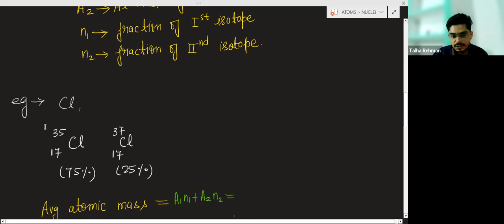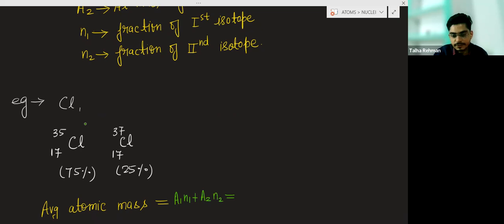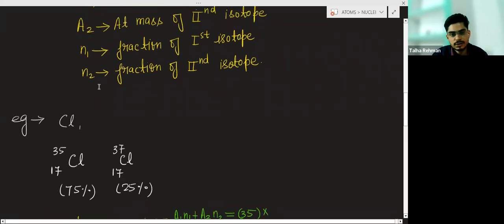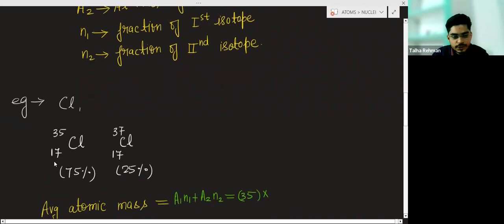A1 is the mass of the first isotope, that will be 35, and the fraction of the first isotope is 75%.